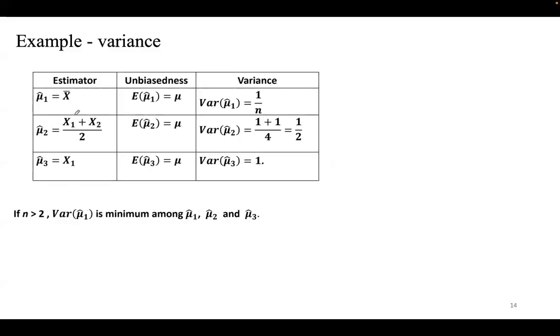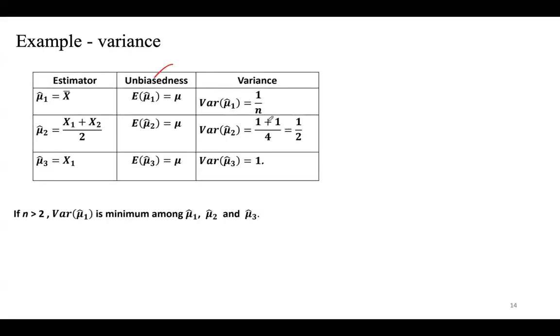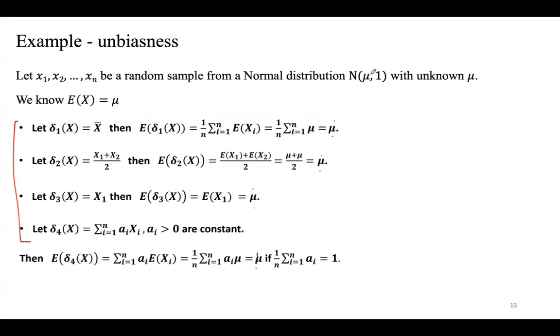So here we are just taking the first 3 cases. Unbiasedness we saw in the last slide. If you remember how to calculate the variance, the mean would have 1 by n, right? Because the original variance was 1, and here you're dividing by n.